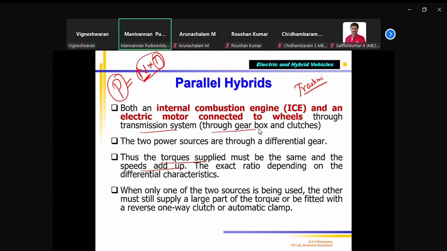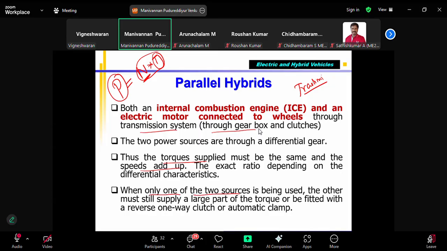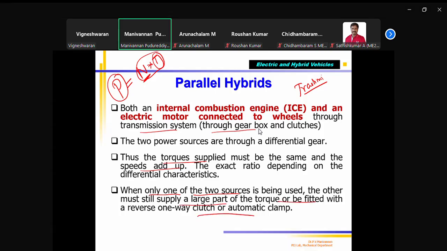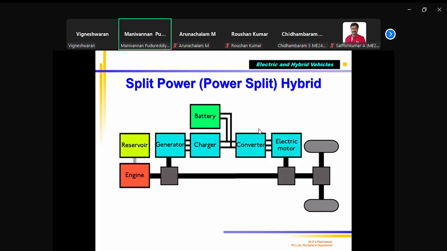In parallel hybrids, at any time you can operate only one power source, whether engine or motor, or both together, sharing the load. The third one is one question, sir, on this. I understand that the torque produced by the motor and the engine should be the same?